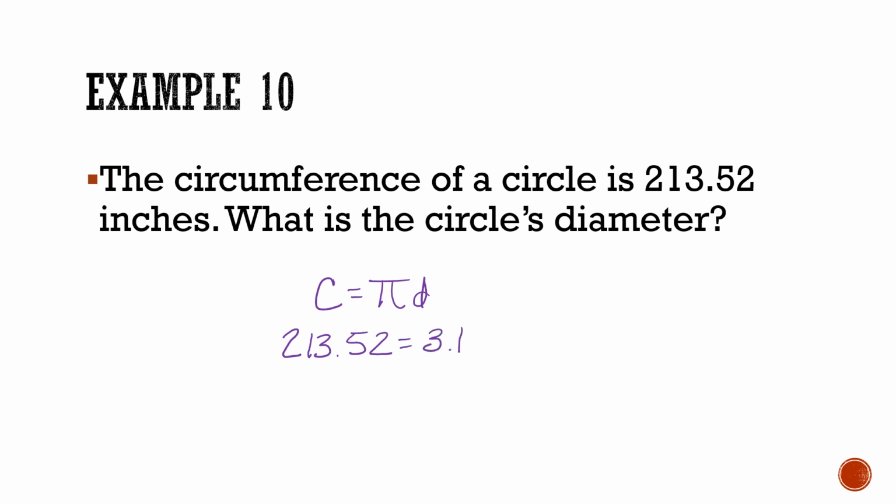Pi is 3.14 multiplied by the diameter. So to get that diameter by itself, we've got to divide by 3.14 on both sides of our equation. So go ahead and use your calculator. You're going to do 213.52 divided by 3.14, which gives you 68.